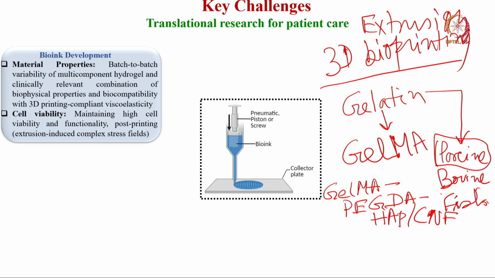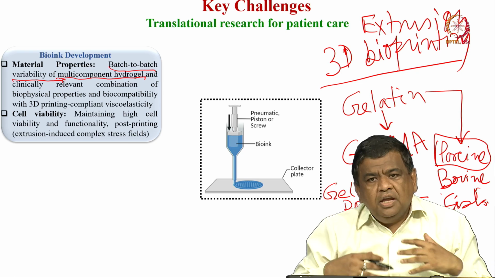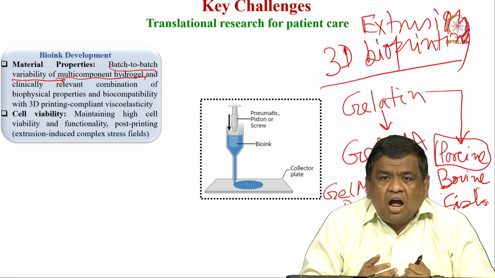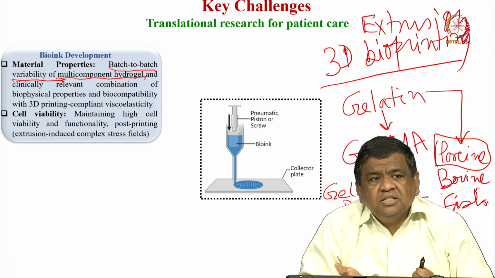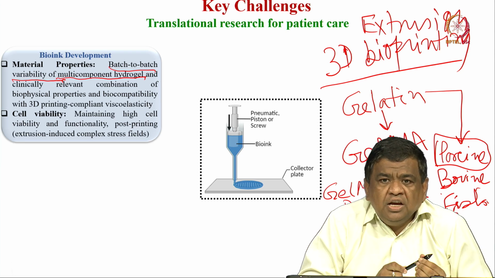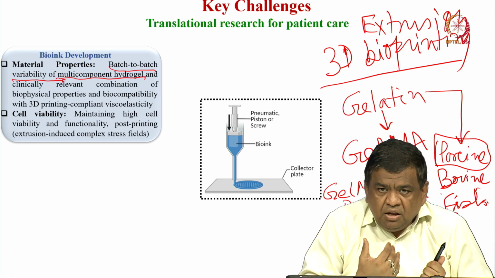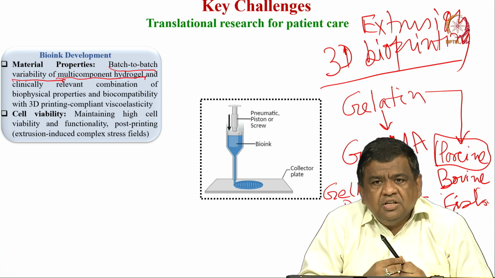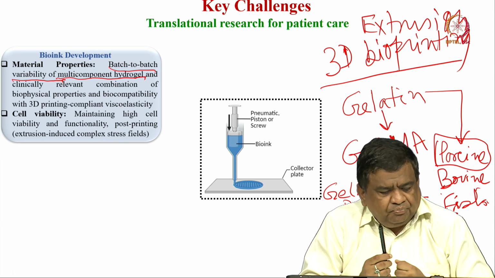The point that I am trying to mention is that the moment you make a multi-component hydrogel, this batch to batch variability becomes even more challenging. So, you end up experiencing more challenges in reproducing the different viscoelastic properties and gel properties of this GELMA based hydrogel ink.